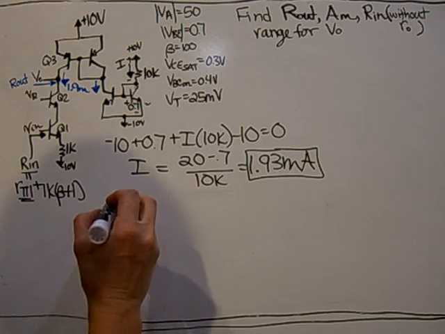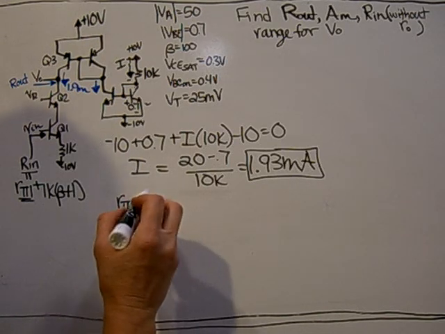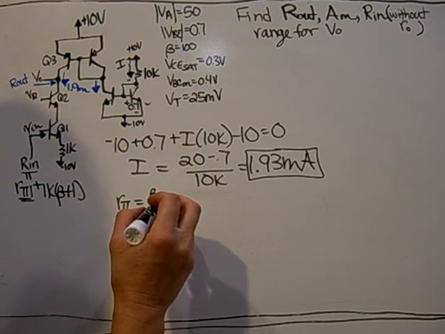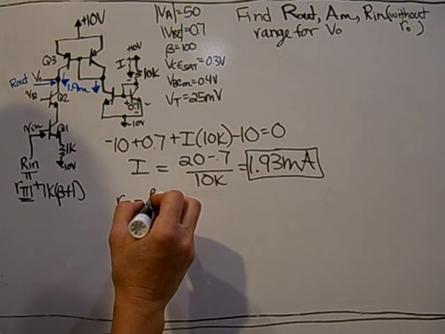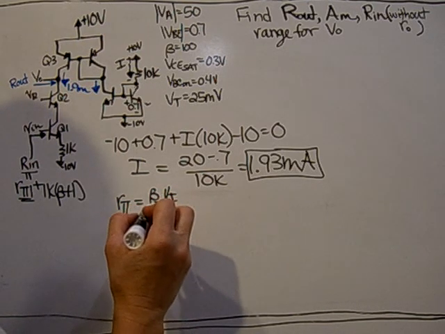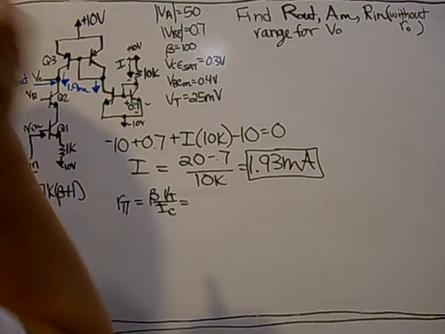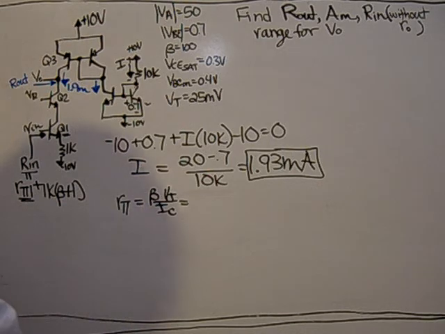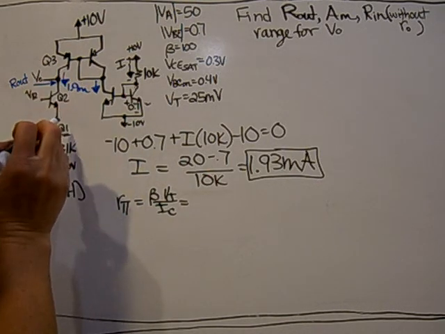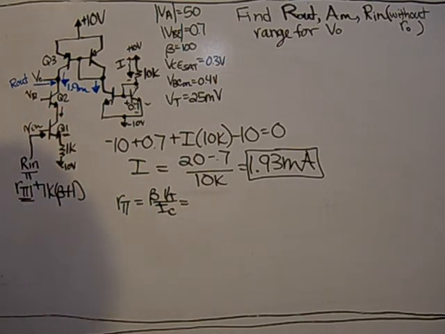So R pi, which is what we're trying to find, is beta Vt over Ic, and it will be of this first transistor. So using the active relationships, you can find the current here and then reflect it in.